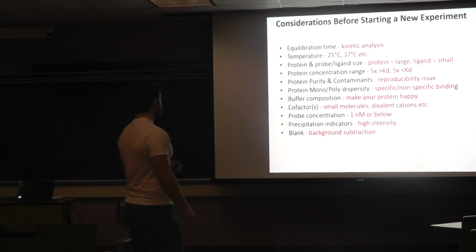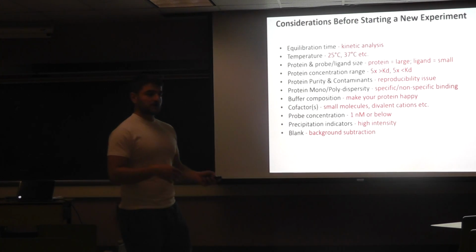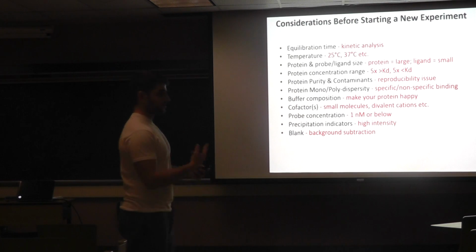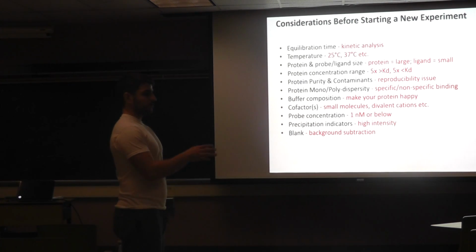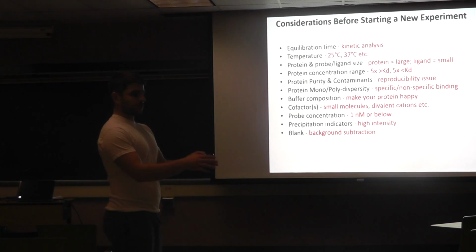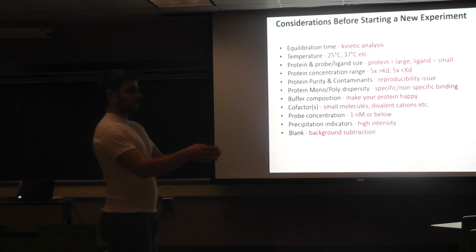Okay. When you're running your experiments, there will always be blanks. In our instruments, you will have 2 blanks. One of them has all the buffer components, excluding the protein and the probe. That's your initial blank, so it's only buffers. Your second blank is your buffer plus your probe. Now you have excluded all the diffraction that you're getting from the buffer components, and you know what your probe millipolarization value is in the absence of any protein.